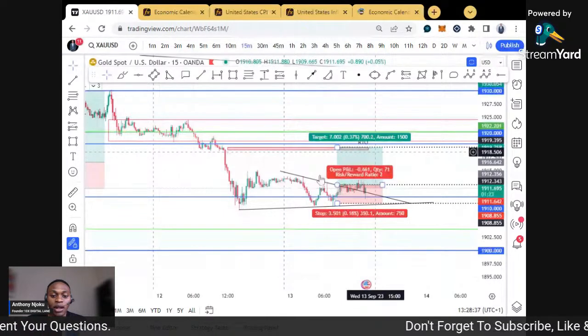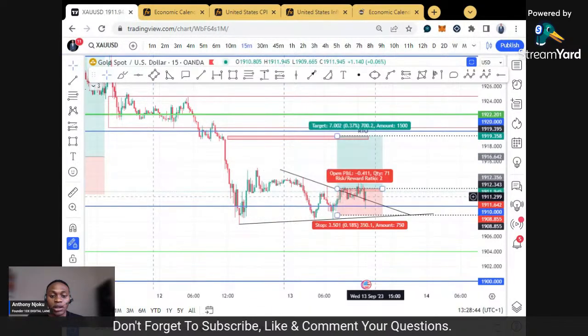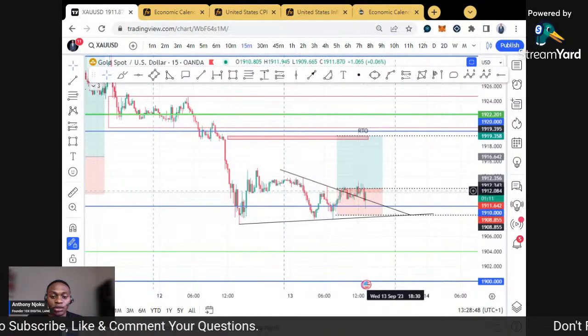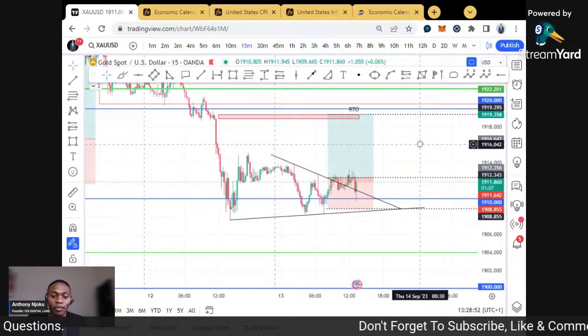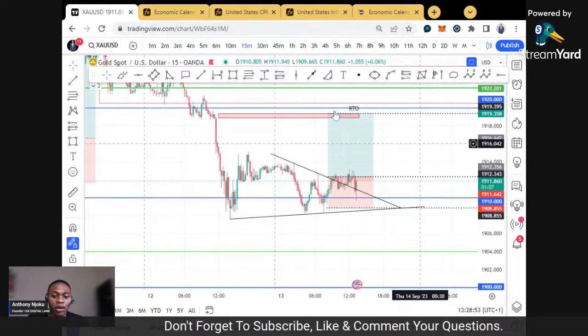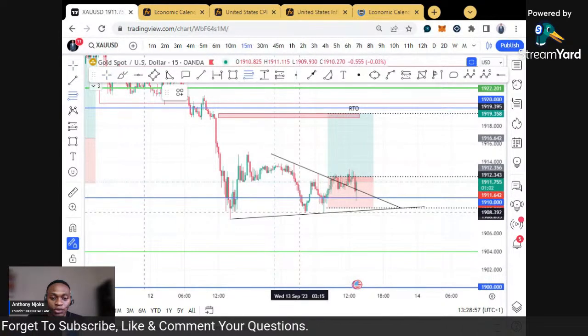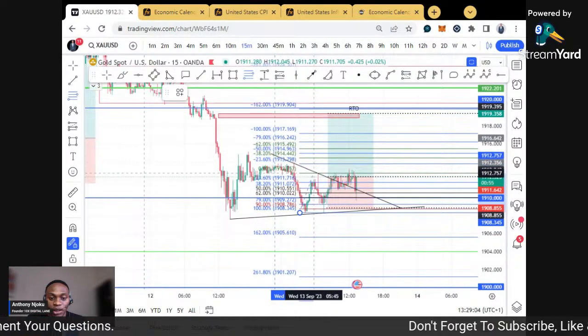And if you can see, we have this wedge pattern. This is a wedge. The market broke it to the upside, and after the wedge breaks to the upside, we use the Fibonacci continuation to the swing high of the breakout to know the actual point the market is going to get to.